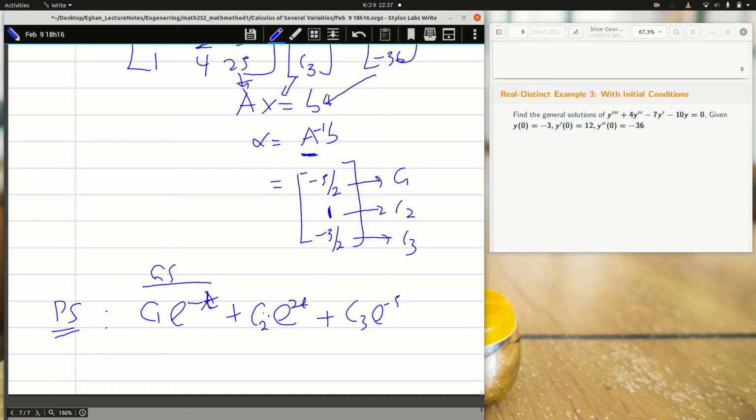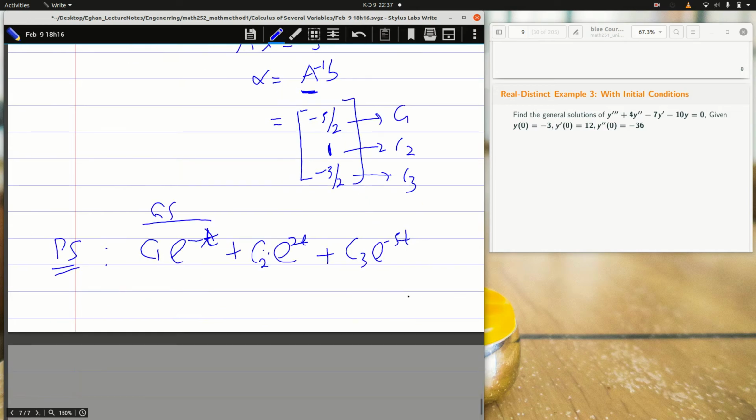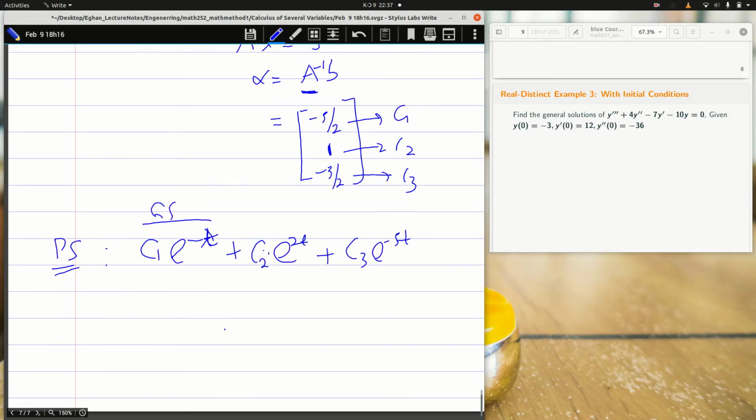So I just do a quick substitution to get my particular solution. C1, you know it is -5 on 2. C2, you know it is 1, so it just becomes simply that. C3, you know it is -3 on 2, and then I have that. And so this is my particular solution.